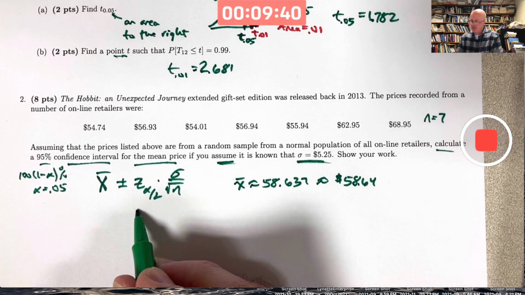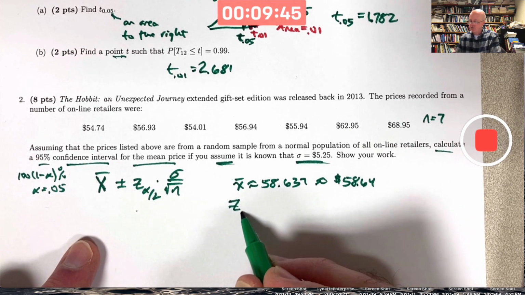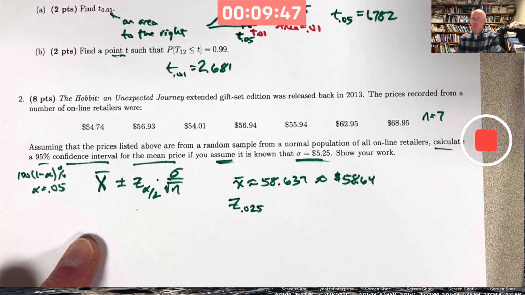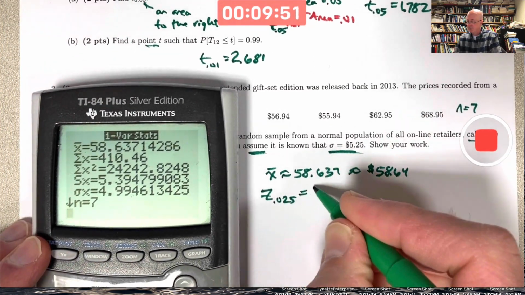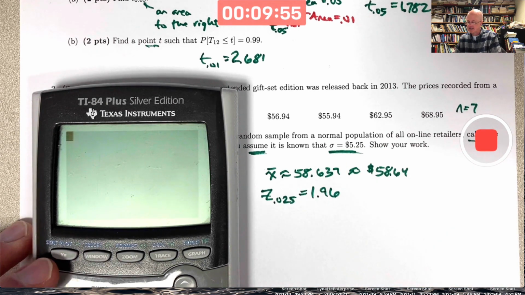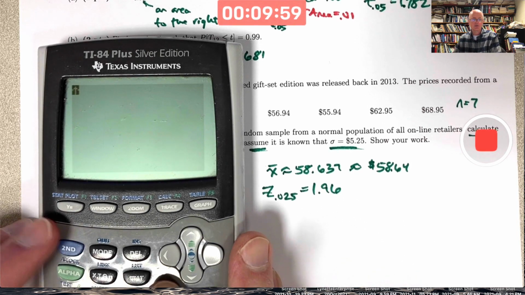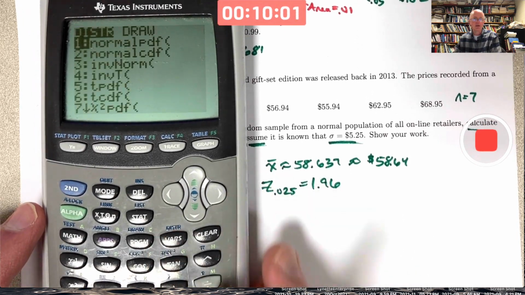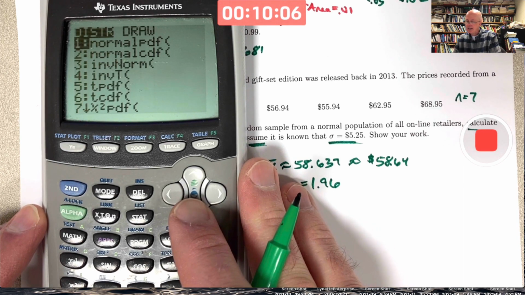What is z sub alpha over 2? Again, alpha is 0.05 here, so alpha over 2 is 0.025. With a calculator, well, maybe this is something you remember. It's 1.96 is the answer. That's one of the numbers people remember coming out of stats classes. But if you wanted to confirm that with the calculator, you go again to the distribution menu, this button here, and we'd want to look for inv norm.